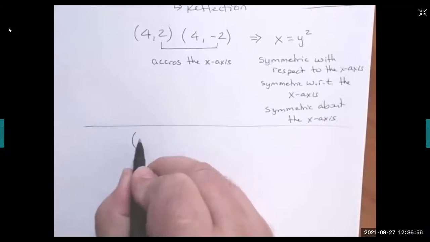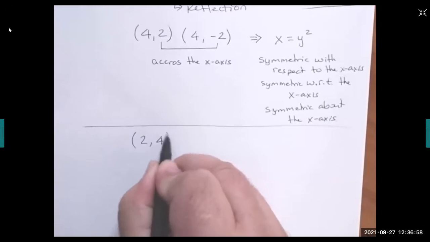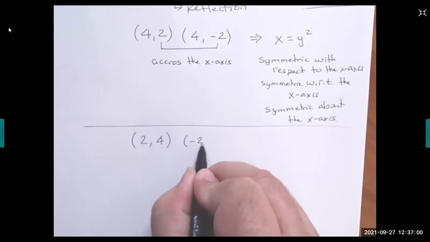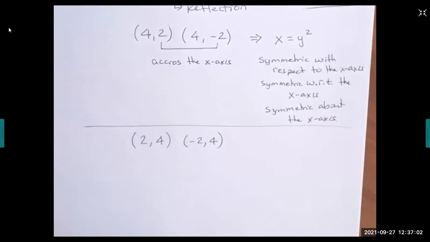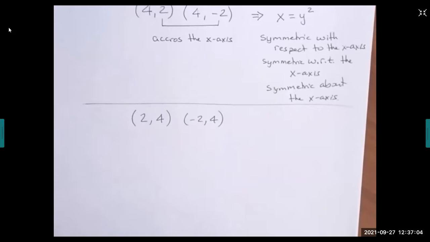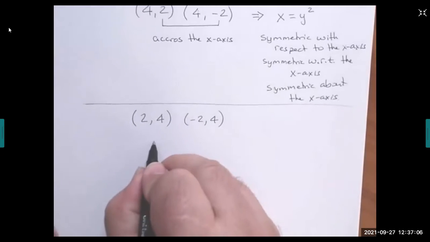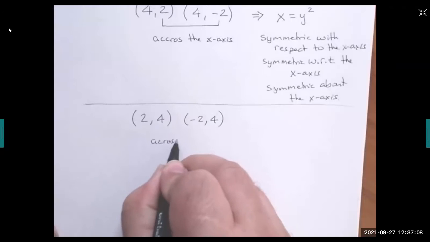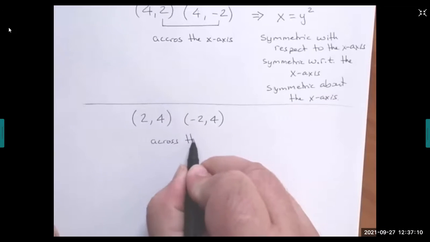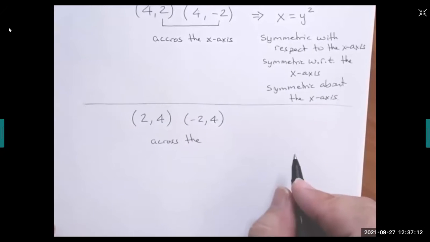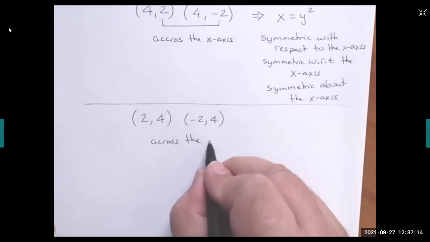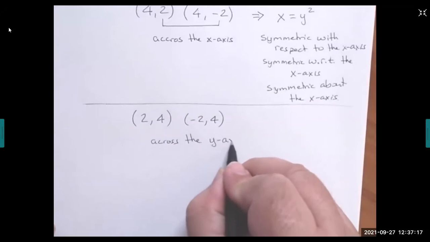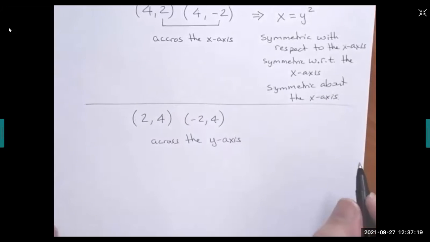What if I had the point (2, 4) and (-2, 4)? That one is across the y-axis.